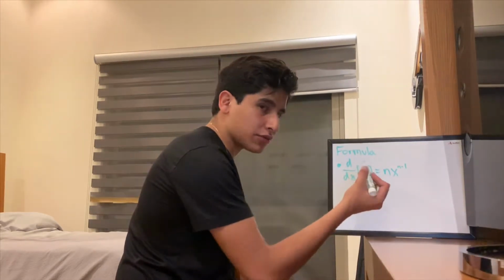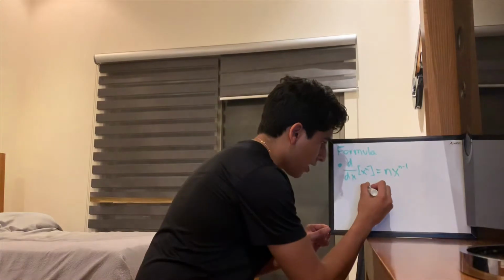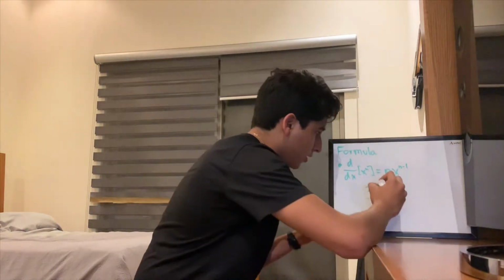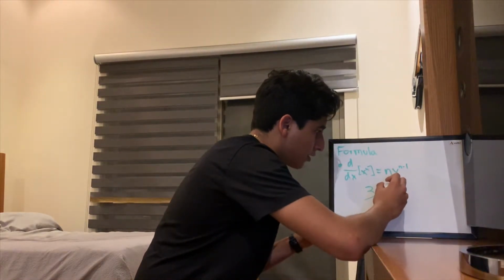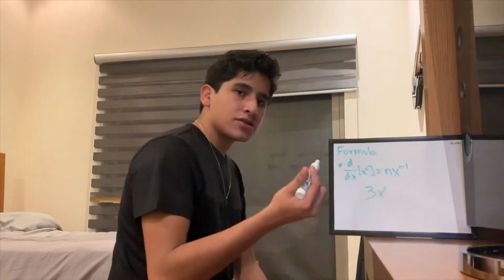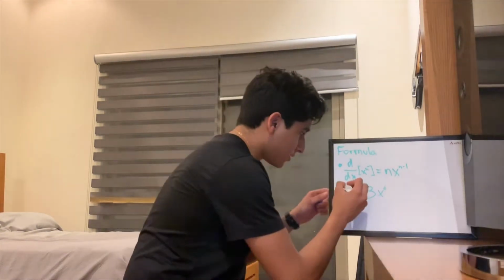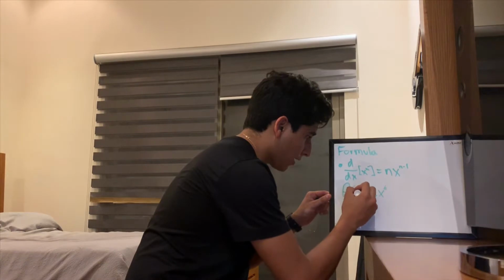So basically this rule is like this. You have 3 times x to the 6th. So the derivative of this, let me just put here f of x.